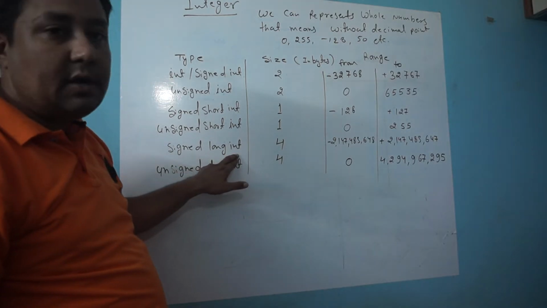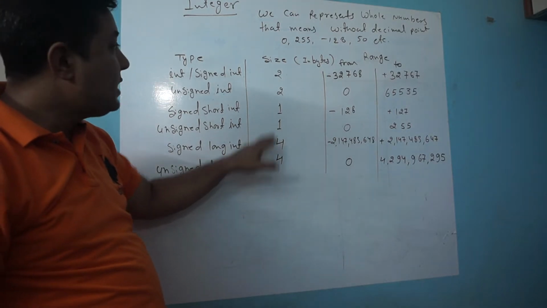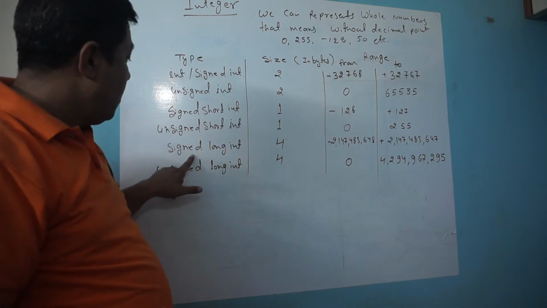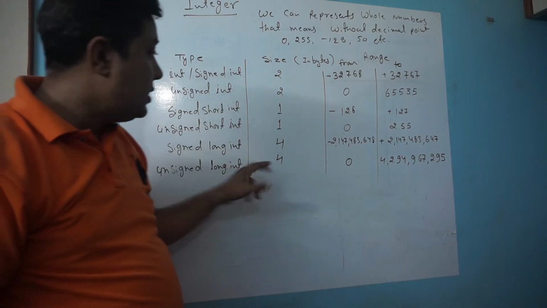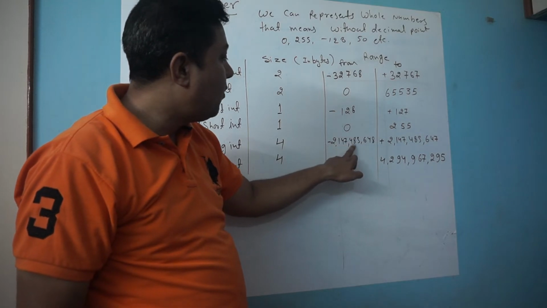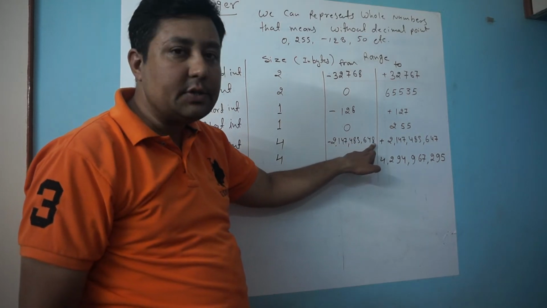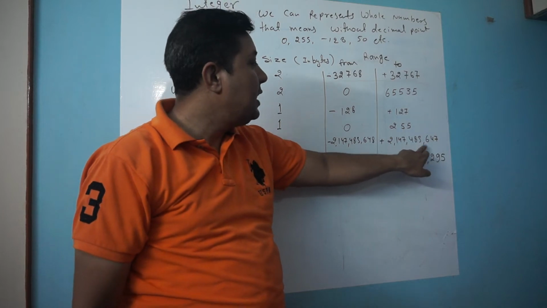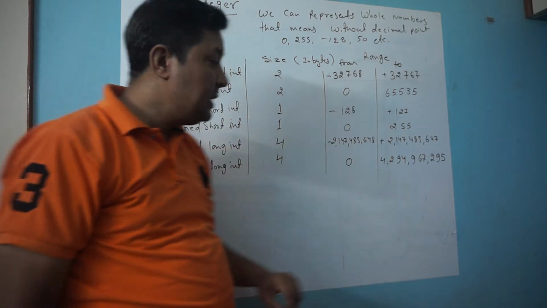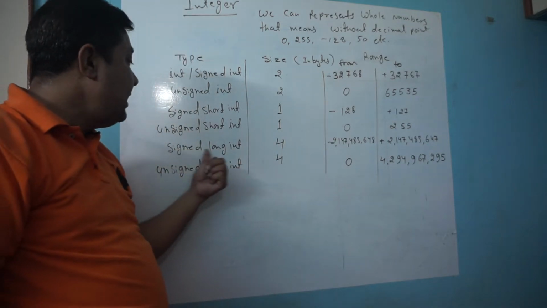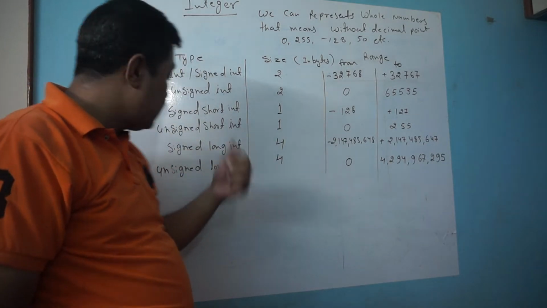Signed long integer takes 4 bytes, that means it is the largest memory-taking data type in integer. It starts from minus 2,147,483,648 to plus 2,147,483,647. That is the largest range we can express if we are taking signed long integer for variables.